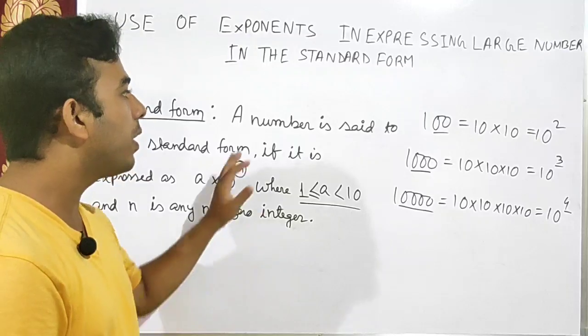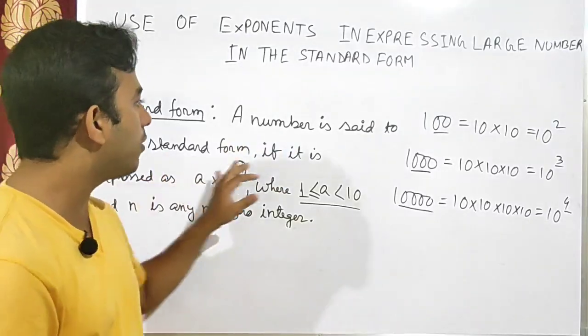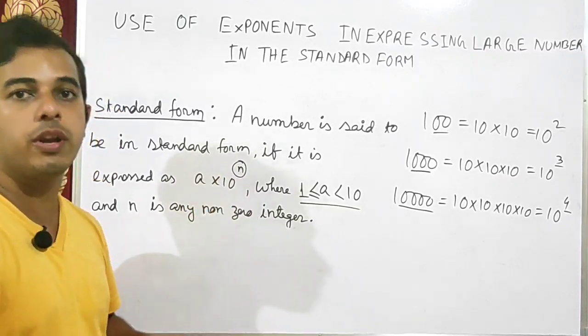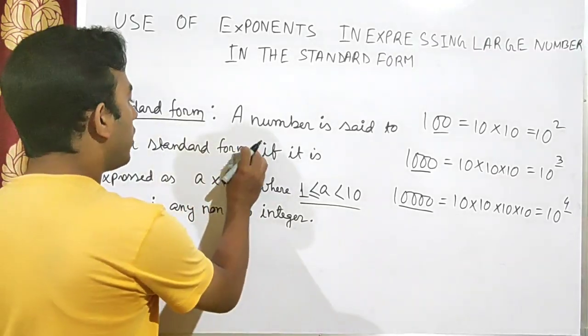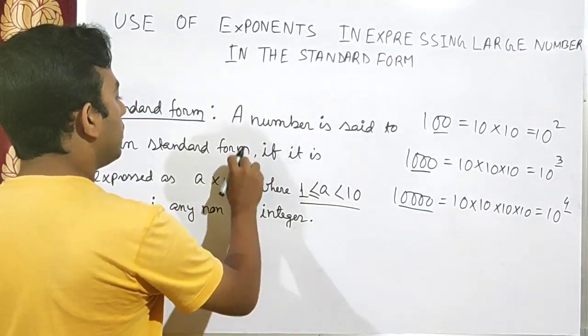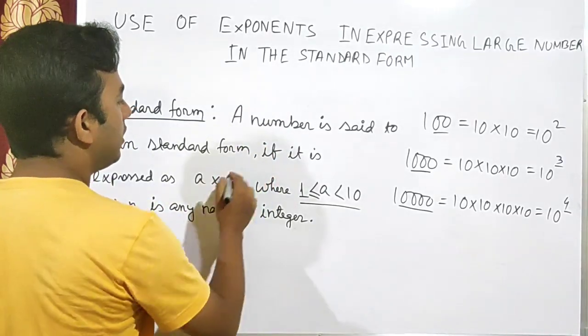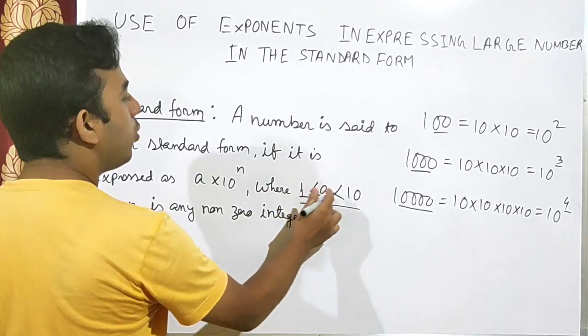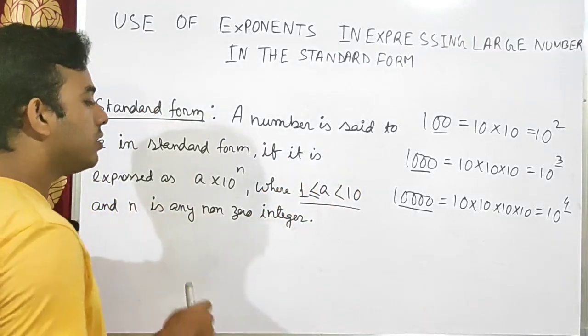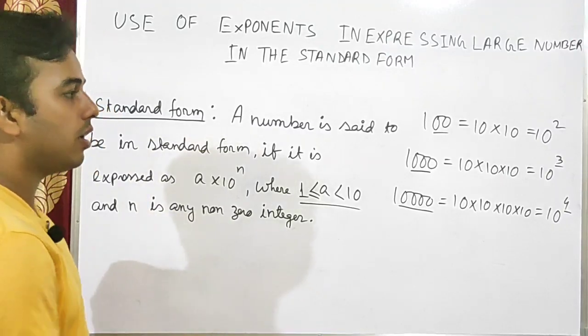What is a standard form? A number is said to be in standard form if it is expressed as a into 10 to the power n, where a is greater than or equal to 1 and less than 10, and n is any non-zero integer. Up to this clear?